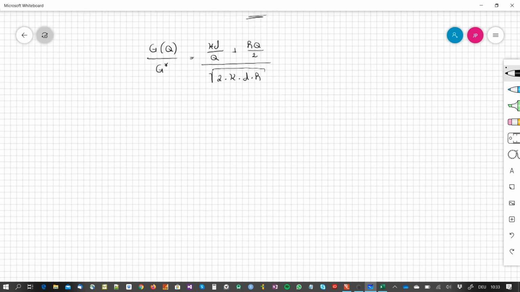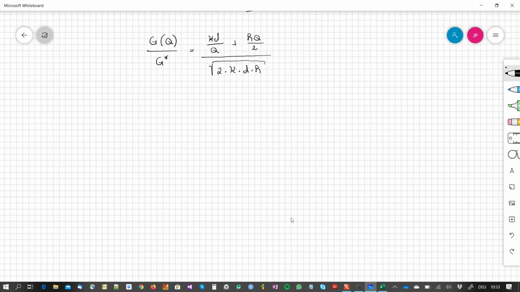So first thing that I want to do is, here we have a sum. So to rearrange the terms, I want to divide these two fractions from each other.